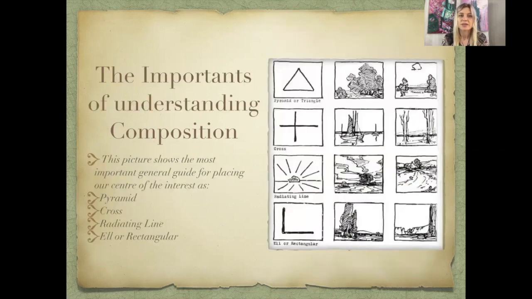So these are examples that are very important to understand composition. This picture shows the most important general guidance for practice, our center of interest. And what is the center of interest? It's always something that is important for you to show. For example, in the first picture of the pyramid or triangle, the main object is the trees.